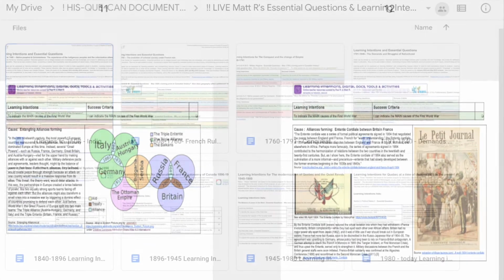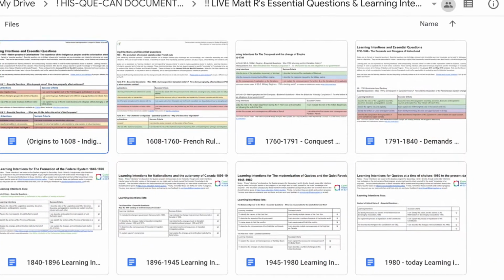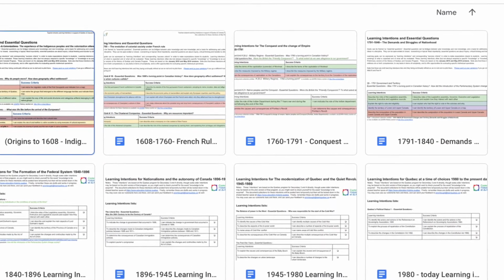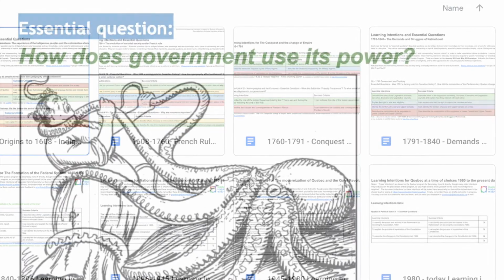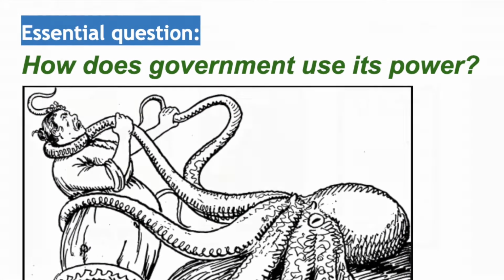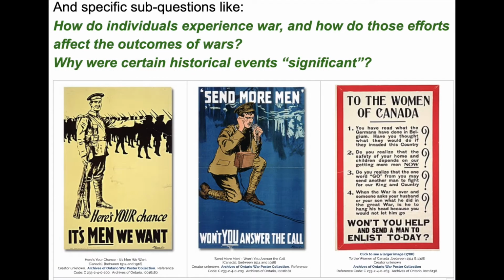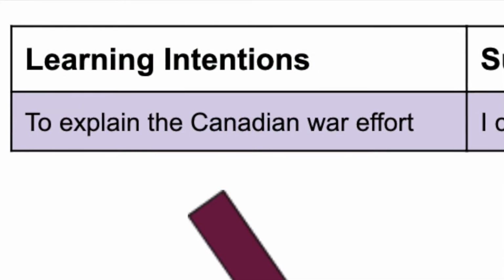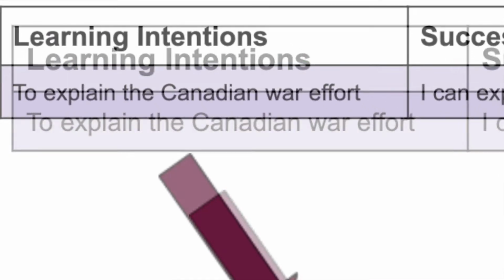And more than that, you'll see that these document collections act like a curriculum map of sorts, a way to contextualize learning in terms of broader ideas in the form of an essential question, but also sub-questions that allow you to concentrate learning onto a few key learning intentions, which are drawn directly from the MEES history programs themselves.